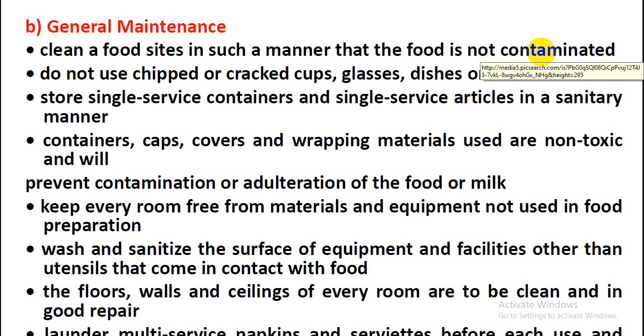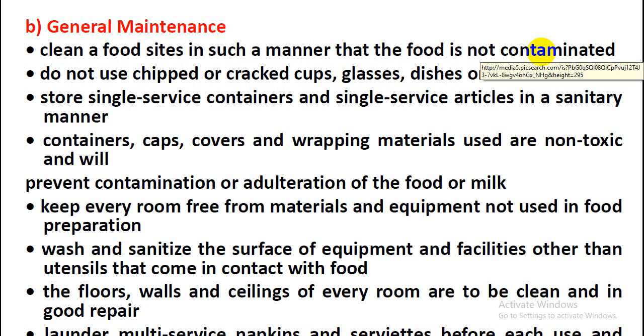ما بنفع أنا أستخدم أدوات مكسرة، معالق، طناجر، كاسات. This should be avoided in the factories because the employee may get injured, وبنجرحوا وبيأثر علينا. Also these cuts or cracks can be filled with bacteria and may cause foodborne illnesses. Also I have to ensure that each towel is used only once.